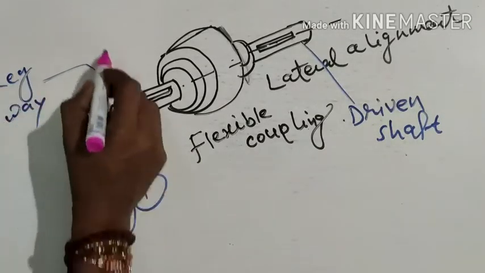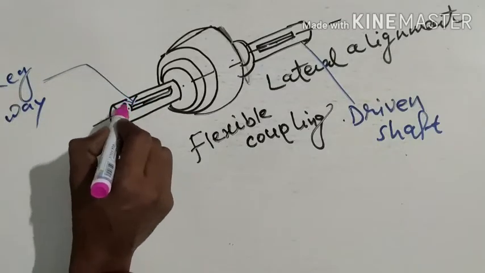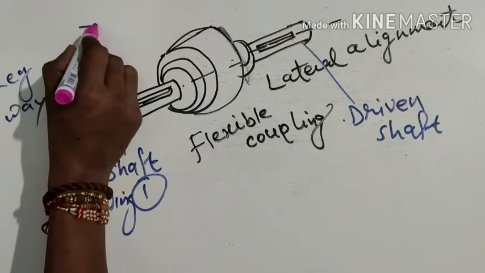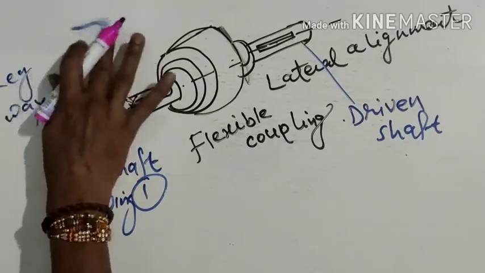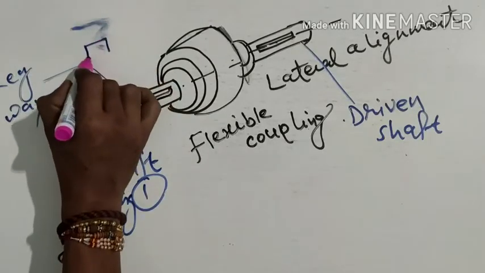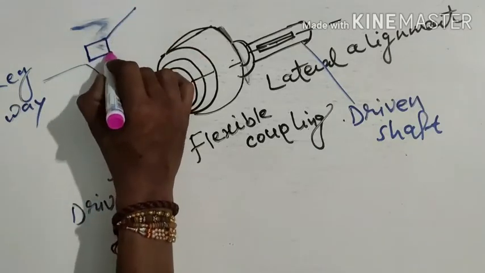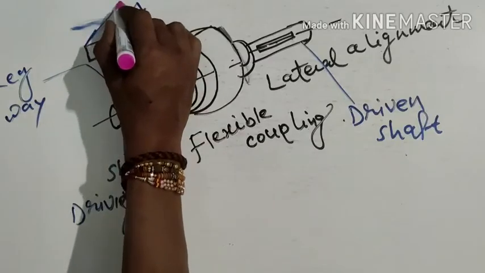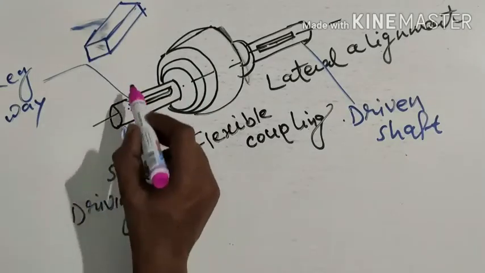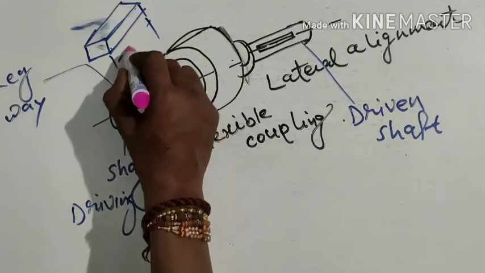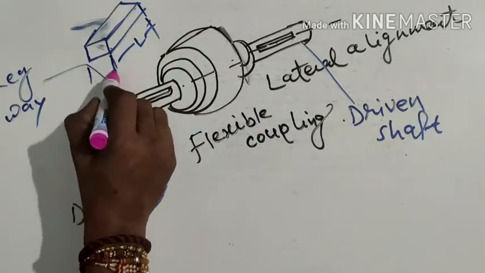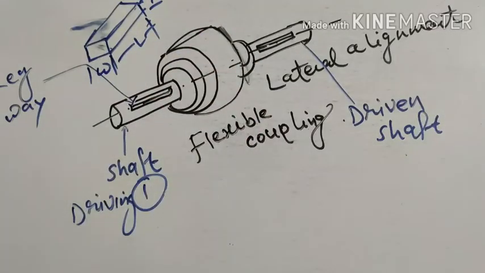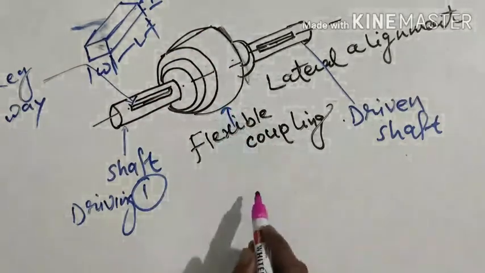This is your keyway, and the key which fits in the keyway looks like this. This is the length of the key, this is the width, and this is the thickness. So here this is your coupling.